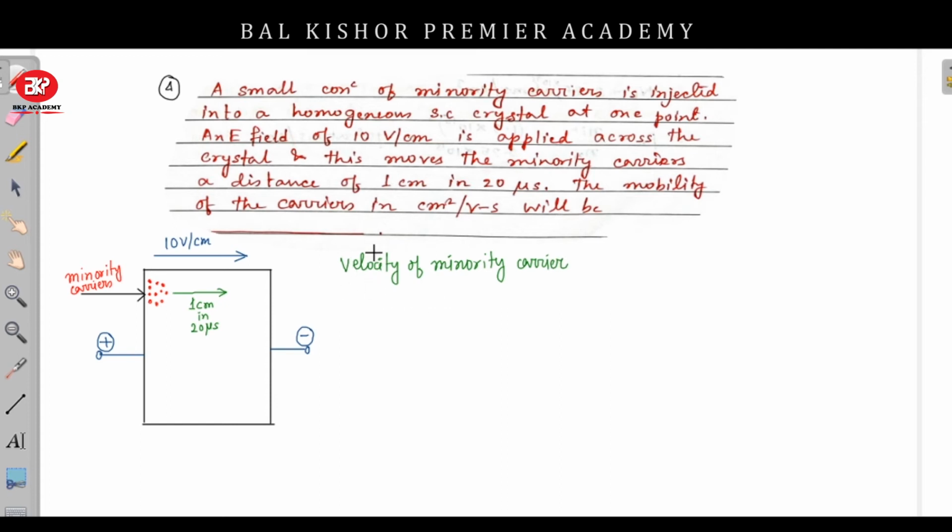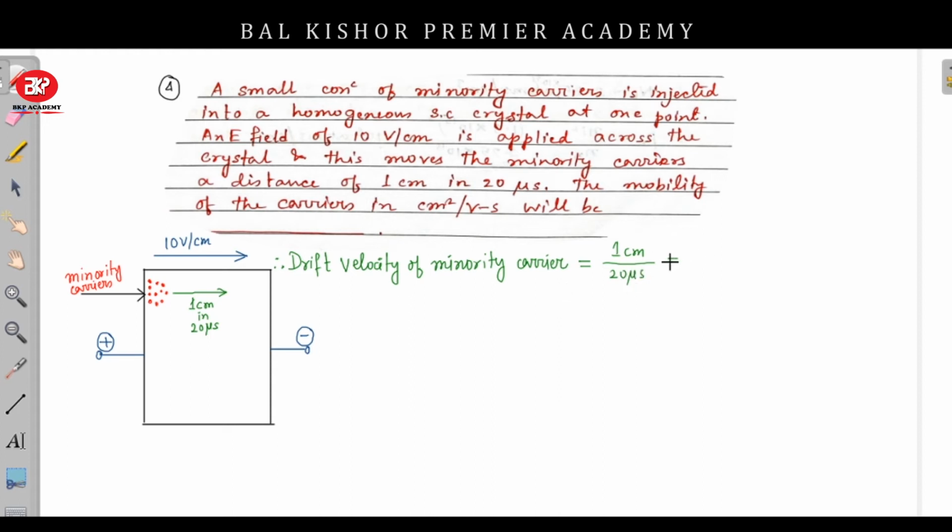And this velocity is created due to the applied electric field, so that means this is the drift velocity. So we can say the drift velocity of the minority carriers inside the semiconductor will be 1 centimeter divided by 20 microsecond.